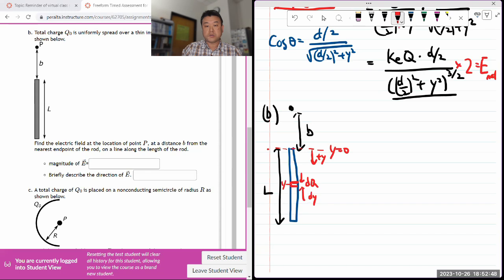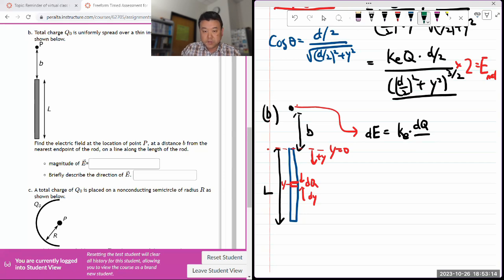Okay, so the contribution to electric field at this point, you use Coulomb's law, which says the electric field contribution, that's the d for infinitesimal, is Coulomb's constant times the infinitesimal amount of charge, divided by distance squared. Let me rewrite this distance squared in terms of the parameters that are here.